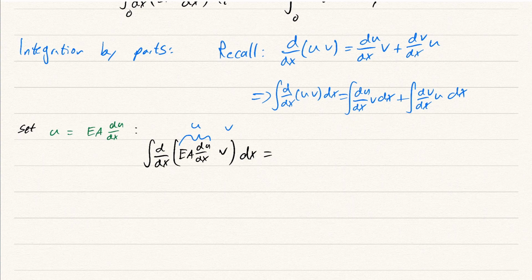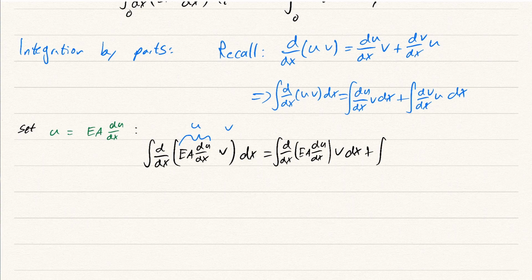Now we have d dx of u, so that's again the integral d dx, and then we have u, which is EA times du dx, and outside of this we multiply with v and then dx, plus over here we have dv dx times u.